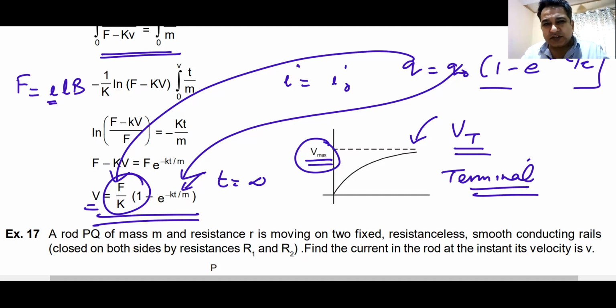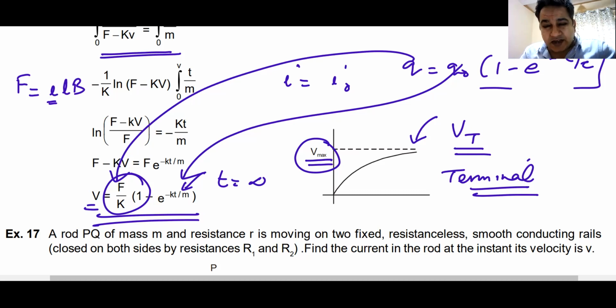When the viscous force increases, its acceleration becomes slow. At one point, this 6 pi eta RV, which resists its motion, becomes equal to its weight, and that is where it acquires terminal velocity.